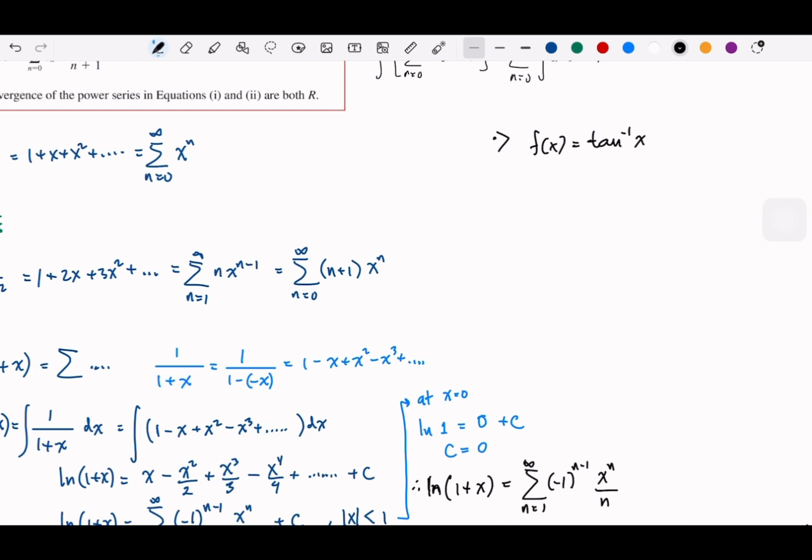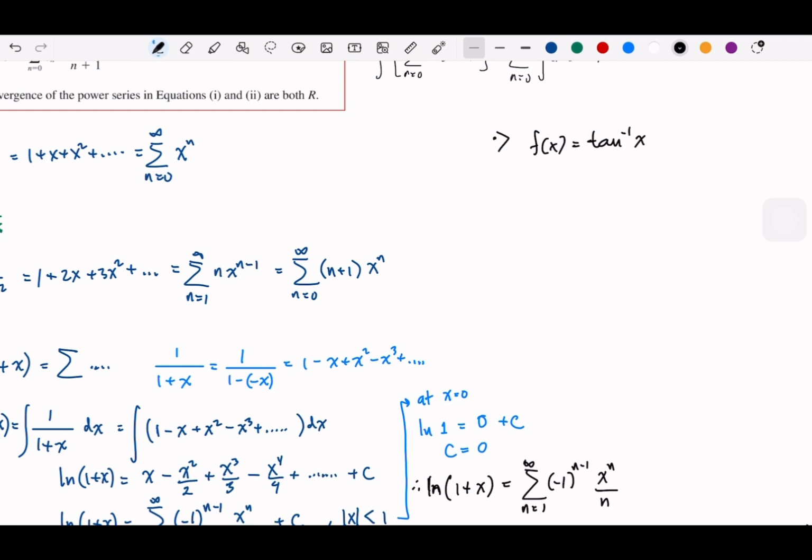For this subtopic, our reference is going to be 1 over 1 minus x, or we should get into this kind of structure. But for the tangent inverse x, the structure that we might get is 1 over 1 plus x squared, right? So that's our clue. So we are going to take that 1 over 1 plus x squared, make this reference, and then make it into the tangent, which is going to be the integral, right?